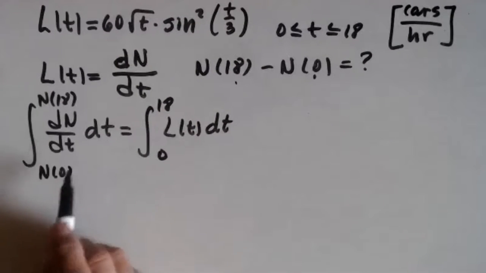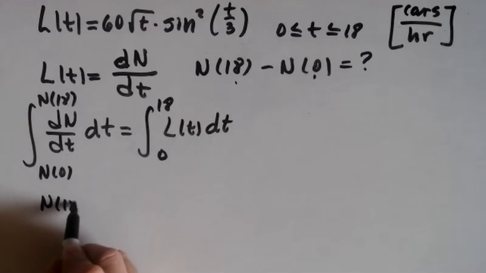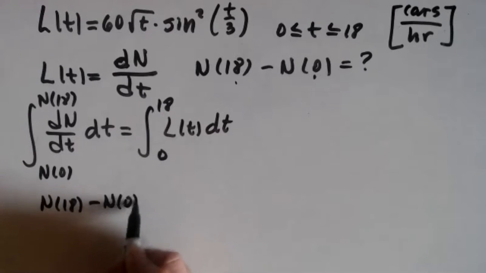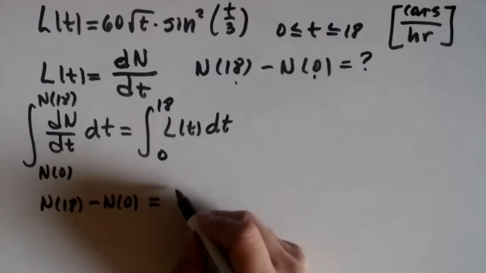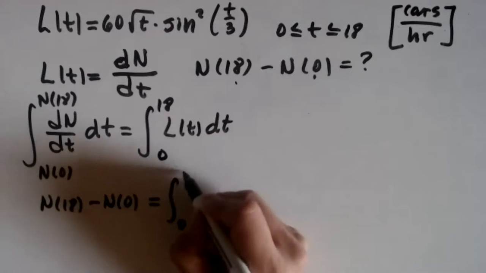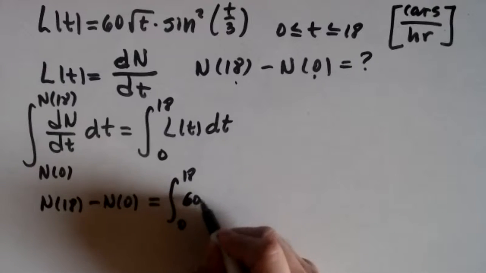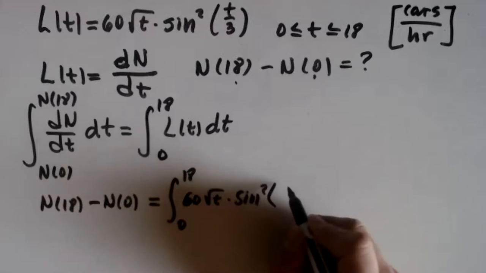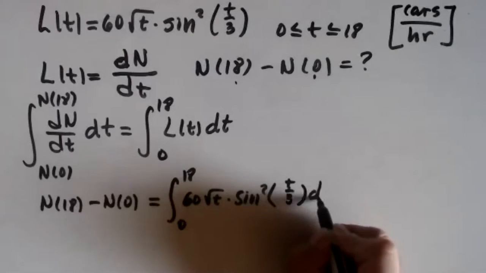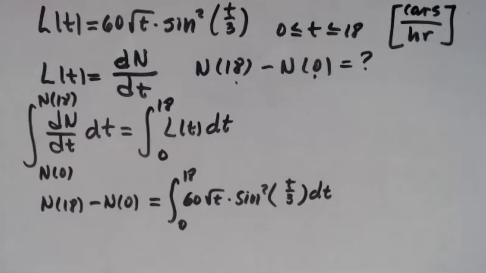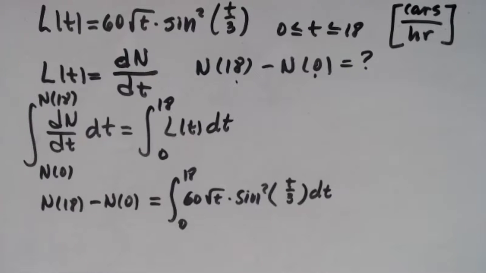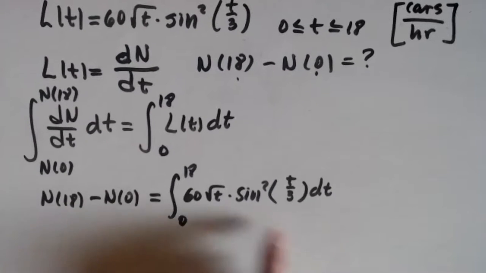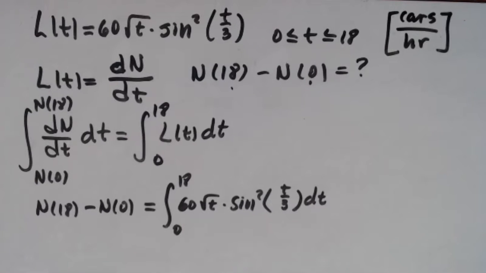Now, this cancels, so this is going to be N of 18 minus N of 0, same as in the previous problem. The integral from 0 through 18 of 60 square root of t sine squared of t over 3 dt. Okay, so you need this integral, correct? Obviously, this integral is not possible to do by formulas, so we have to use the calculator.